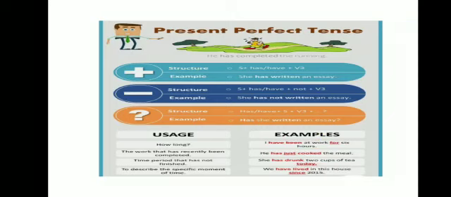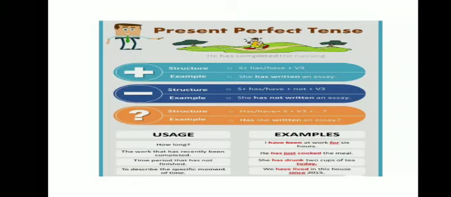Now comes perfect tense. So first of all it is present perfect tense. Perfect means we will always use the third form of verb. With singular we will use has and with plural we will use have. Subject has, have plus third form of verb and then the object.